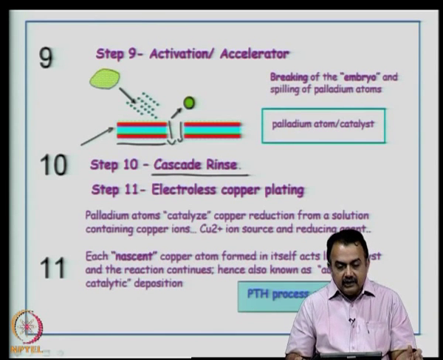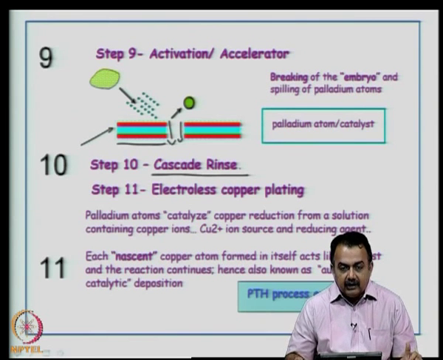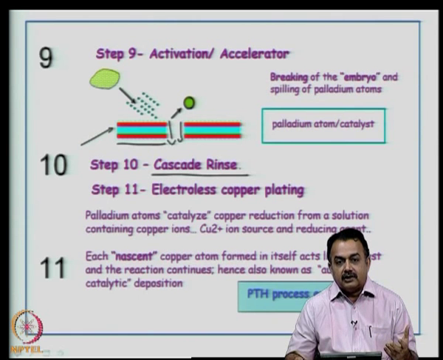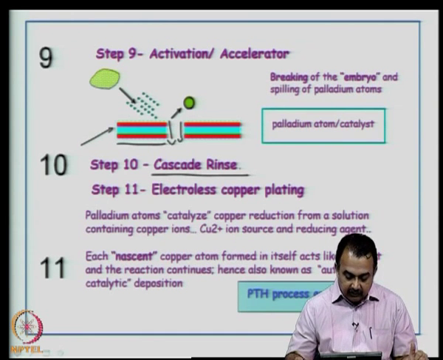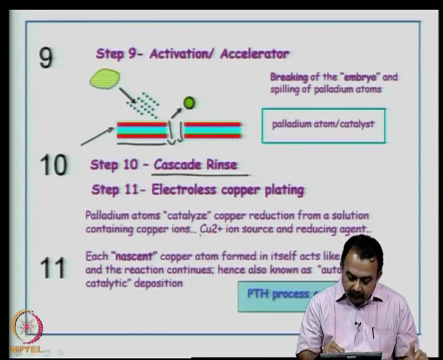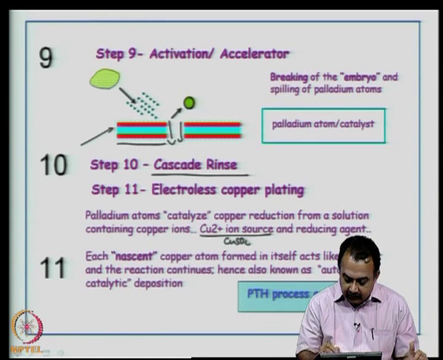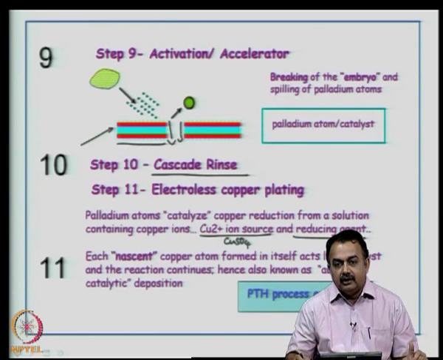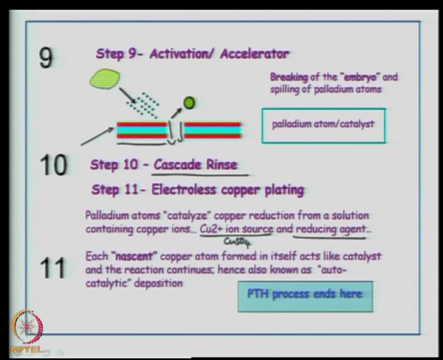Now, these palladium atoms will catalyze a copper reduction process from a solution containing copper 2+ ions, like a copper sulphate solution. Then you have a reducing agent. A reducing agent will provide electrons, okay, typically something like hydrazine or sodium hypophosphite and so on.